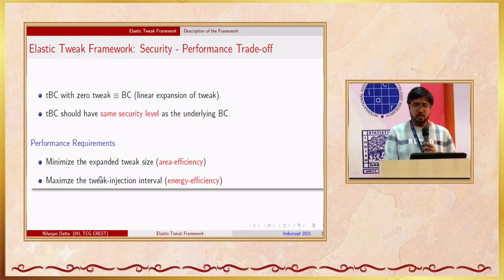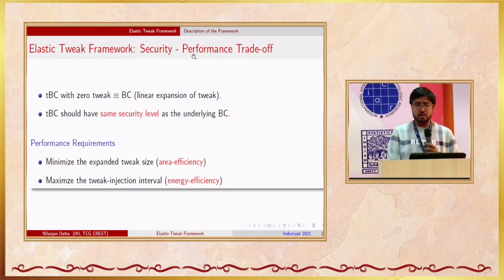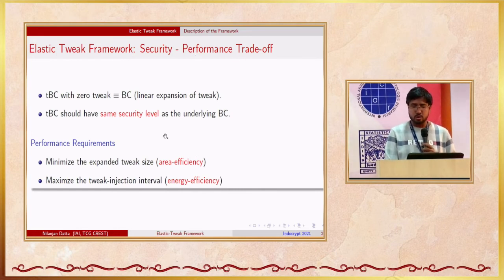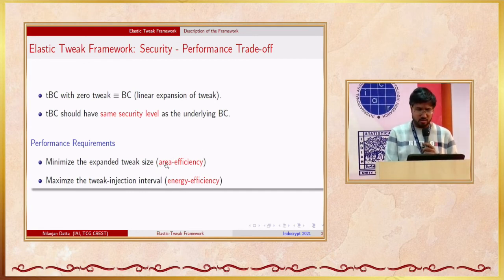And the performance requirement is that you try to minimize the expanded tweak size, which gives you area efficiency, and you try to maximize the tweak injection interval, which gives you energy efficiency. So depending on the construction, you properly estimate your security performance trade-off. You must achieve the security level while improving area efficiency and energy efficiency. This is the basic security performance trade-off for the elastic tweak framework.